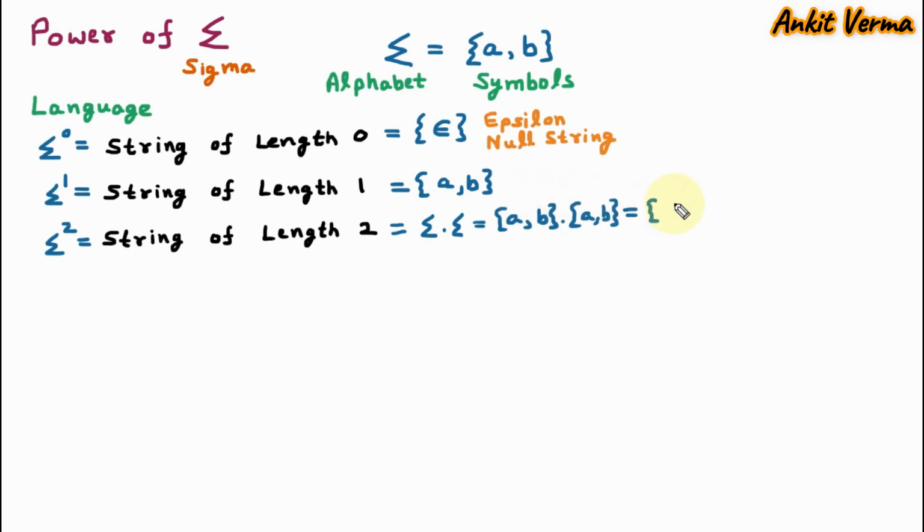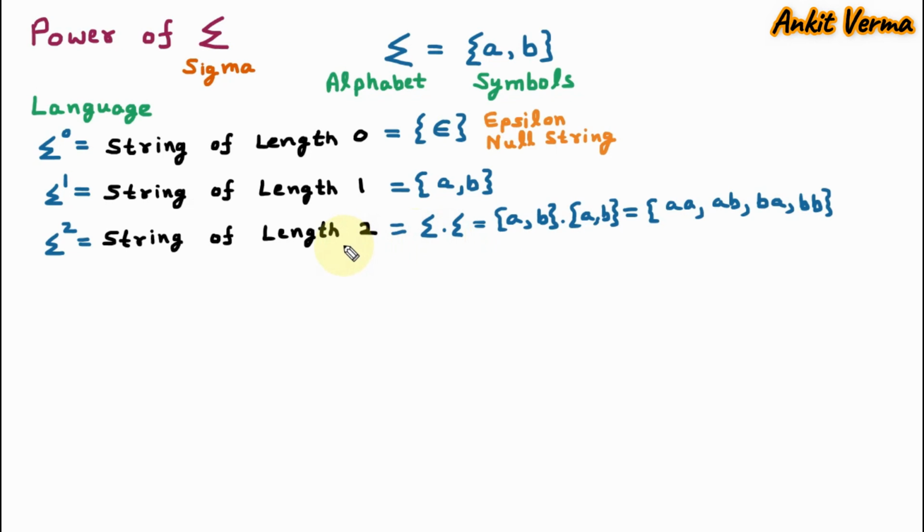So a with a is aa, a with b is ab, b with a is ba, b with b is bb. So here in sigma square we have aa, ab, ba, bb, the set of all strings having length 2.